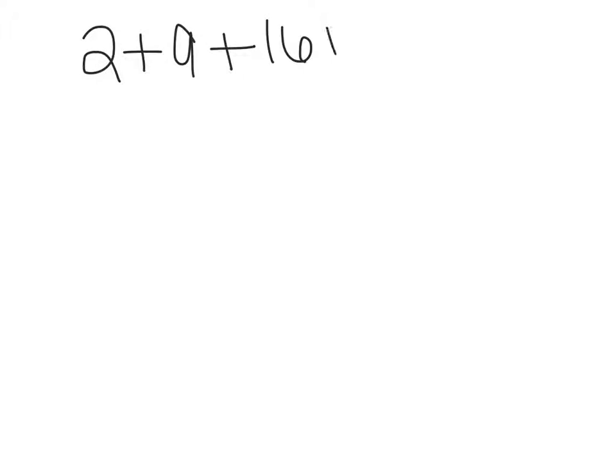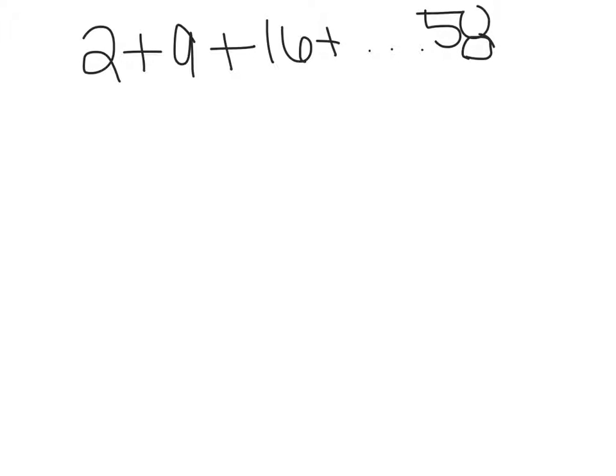Number 6 wants you to find the sum of the arithmetic sequence that is 2 plus 9 plus 16 plus ... 58. So this is a little bit of a tricky problem.